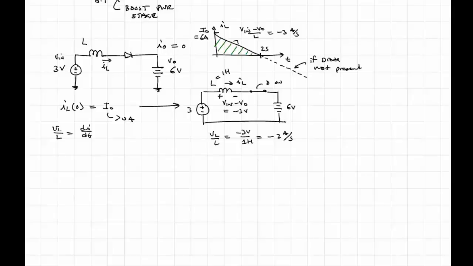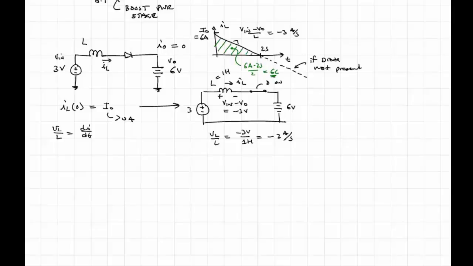And so what is the area under this curve? What does it mean? Well, we have coulombs per second versus seconds, and so this area is charge, right? So we have 6 amps times 2 seconds, and we have to take 1/2 because it's a triangle, so we end up with 6 coulombs.